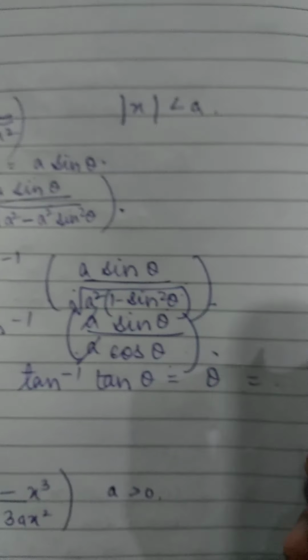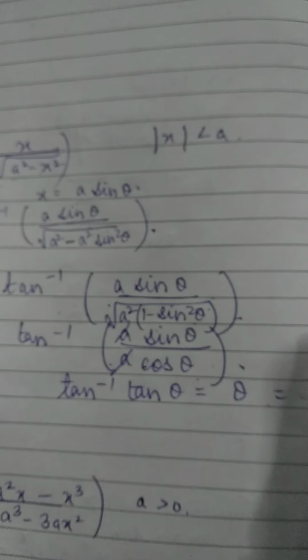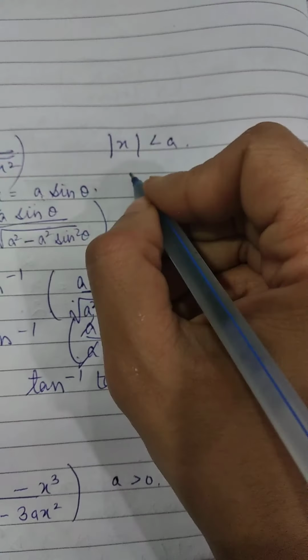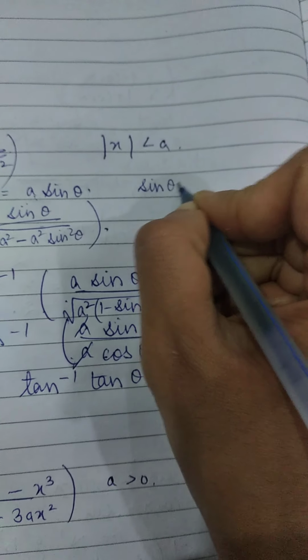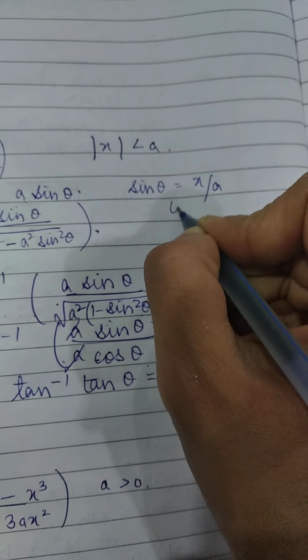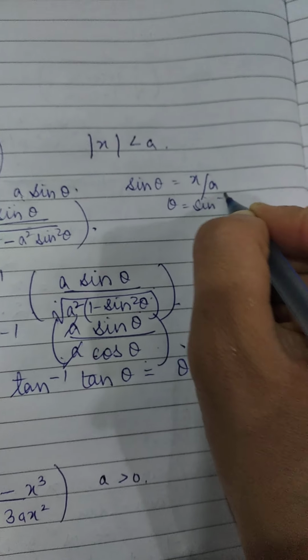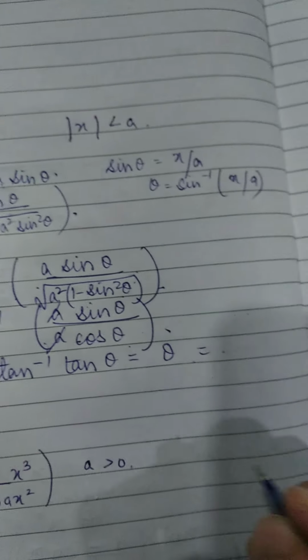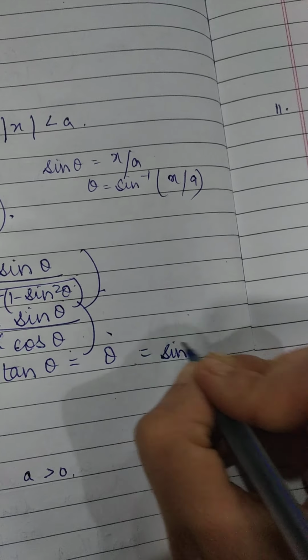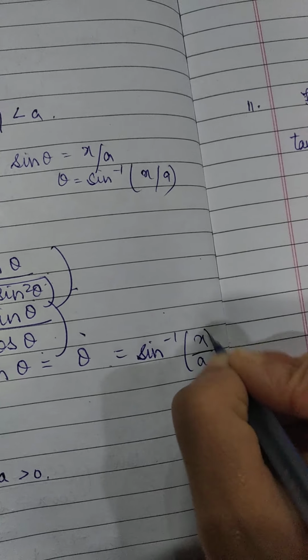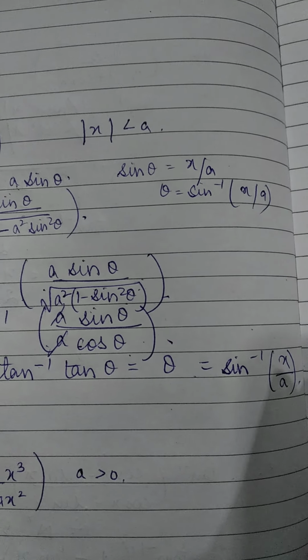And what is theta equal to? Because we need our answer in terms of x. Remember, sine theta is equal to x by a, and theta is equal to sine inverse x upon a. So here theta is sine inverse x upon a, which is the simplest form, right?